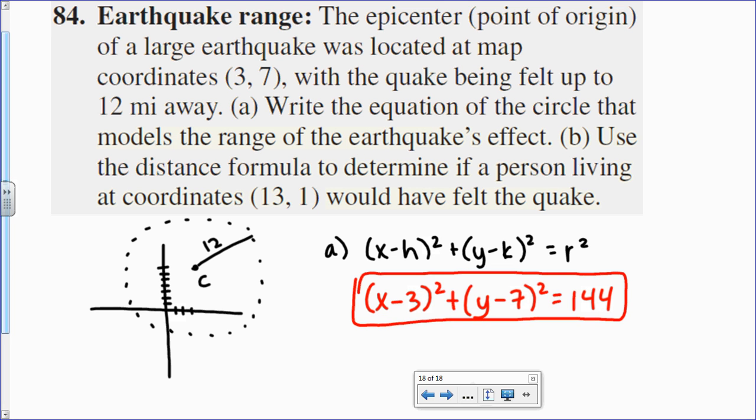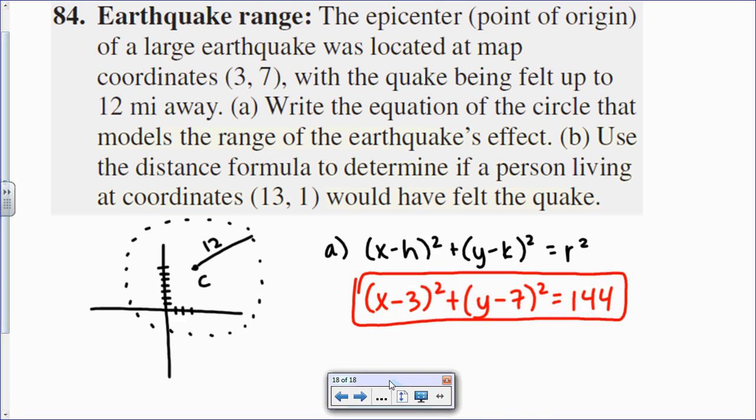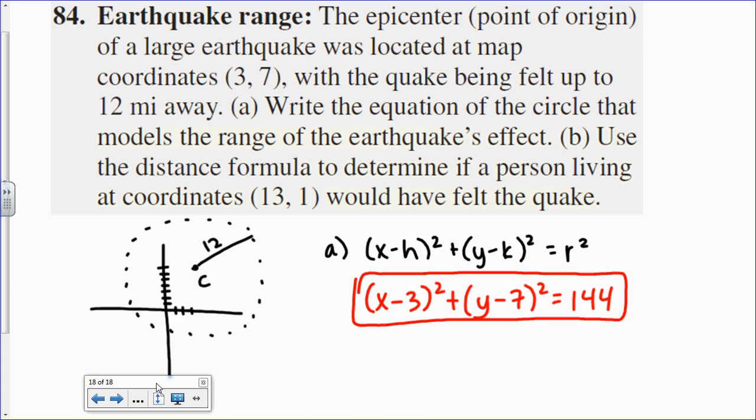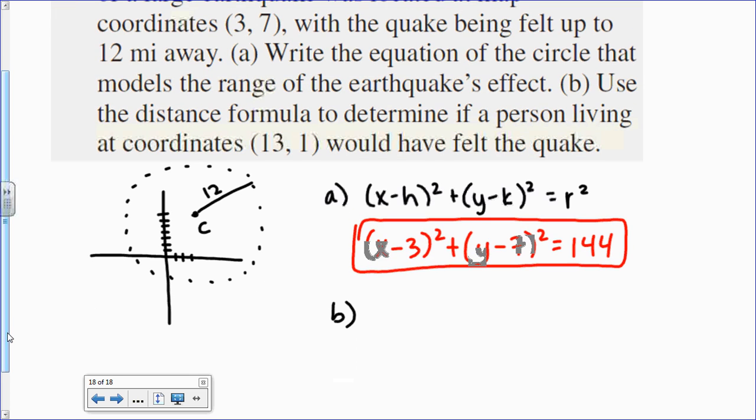So that's part A. Part B wants us to use a distance formula to determine if a person living at coordinates 13, 1 would have felt the earthquake. So what am I finding the distance from? So what 2 points am I using? Okay, the center and 13, 1. So I want to find the distance from 3, 7 to 13, 1.